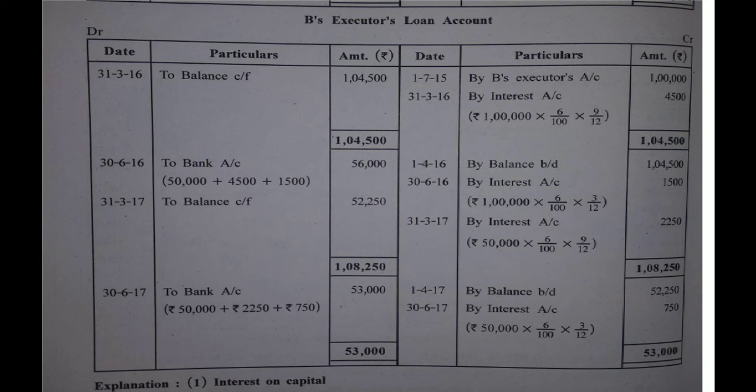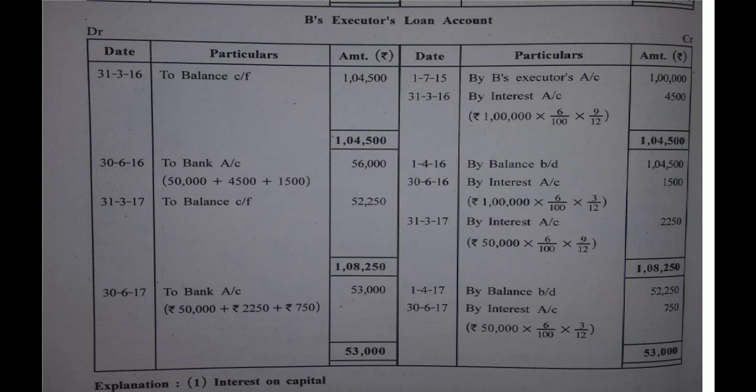So on debit side, if you will see, there is a payment of 53,000 on 30/6/17, which is 50,000 plus 2,250 plus 750, and the total on both the sides of this account is same. This means the amount of loan is paid completely.